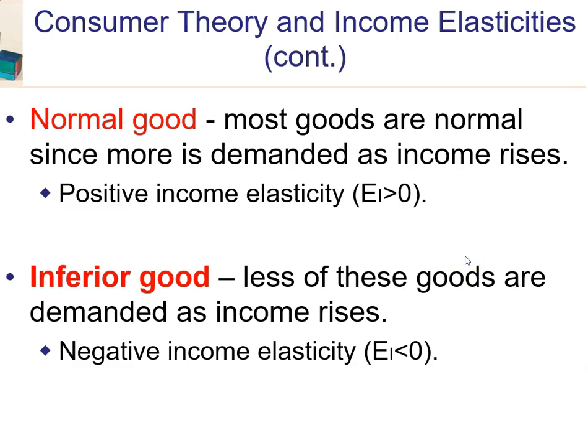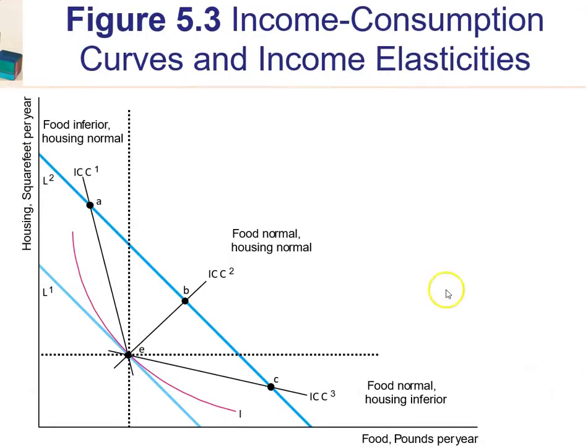Let's go to a graph of the income consumption curve. So in this graph, the blue line represents our budget. The pink line represents our preferences or indifference curve.